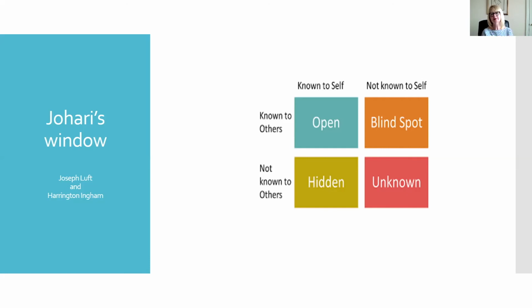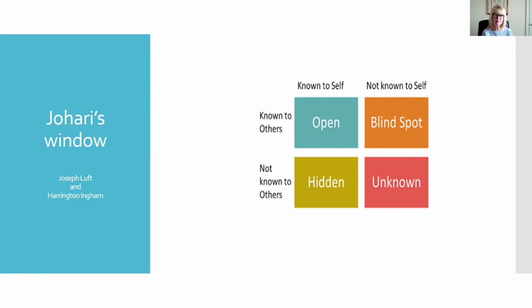So the idea is to think about, perhaps, particularly in a work setting, how open am I with people? How comfortable do I feel? Do I trust these people? And if you don't trust people, perhaps it's important to ask the question, why don't I trust them?